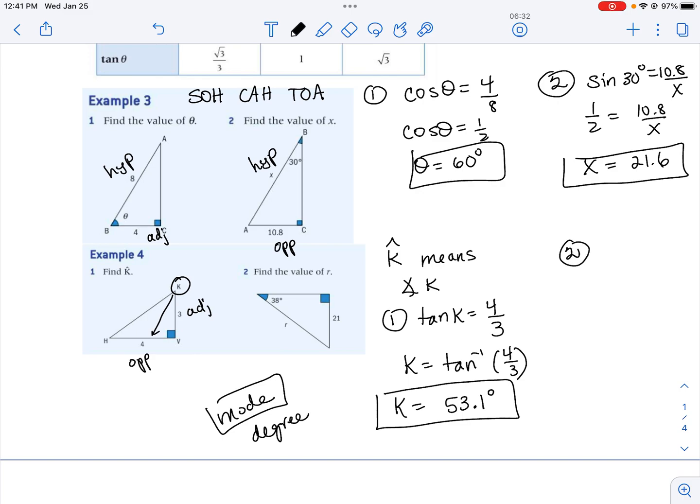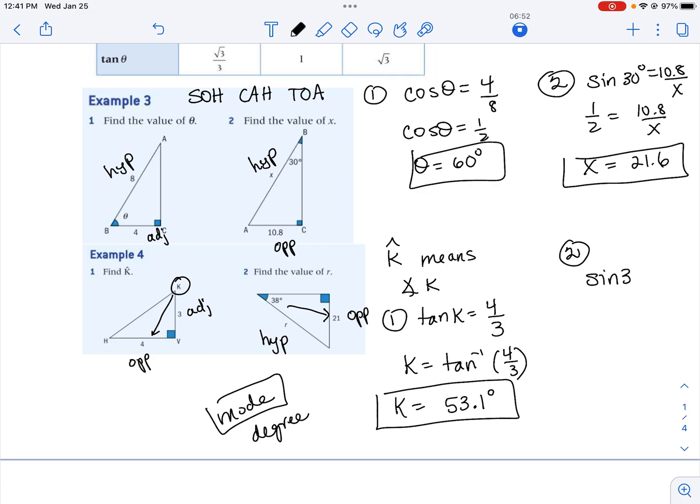Number 2, here's my 38 degrees. From 38 degrees, 21 is the opposite, r is the hypotenuse. What trig function would I need to use here with opposite over hypotenuse? Well, that's the sine function.